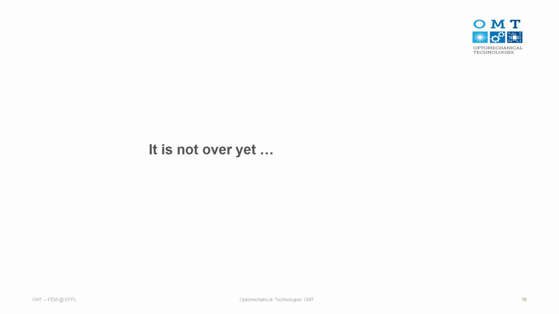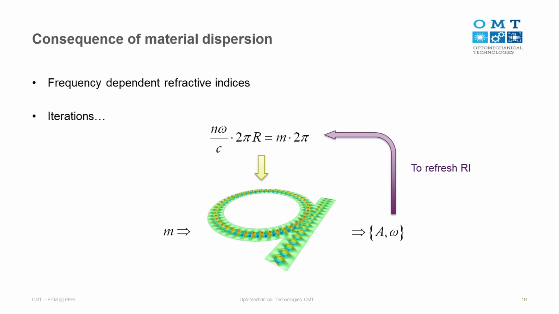Okay, so I have that table, everything seems okay. But here, you forgot one thing. That is actually the material dispersion. Because we know the refractive index of the material is usually frequency dependent. So in this way, you define the index, and then you locate and find the eigenfrequency.